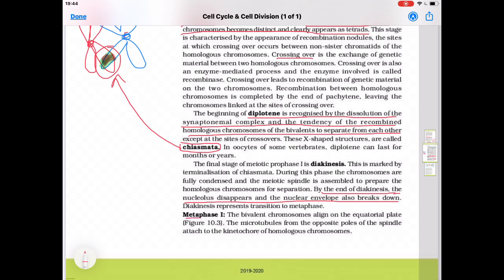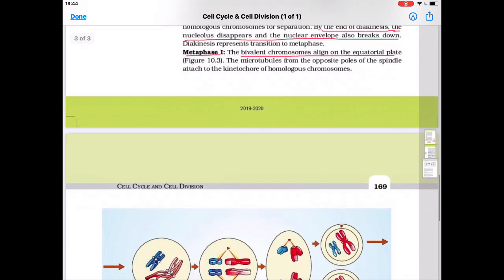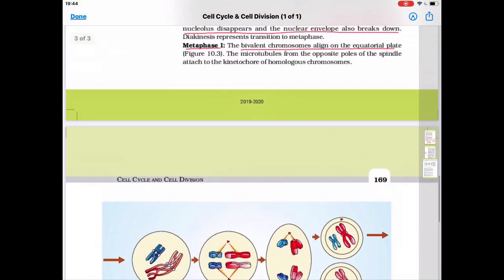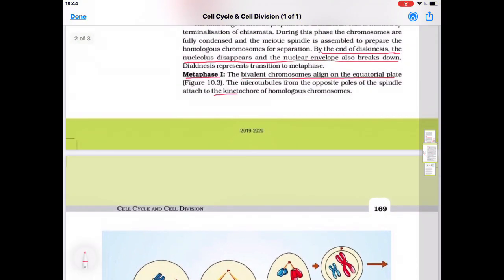Next is metaphase 1. The bivalent chromosomes align on the equatorial plate, same as we have studied in mitosis. The microtubules from the opposite poles of the spindle attach to the kinetochore of the homologous chromosomes. Here is the difference from mitosis. In mitosis, the chromatids are attached through spindle fibers from the pole, and the centromere splits.